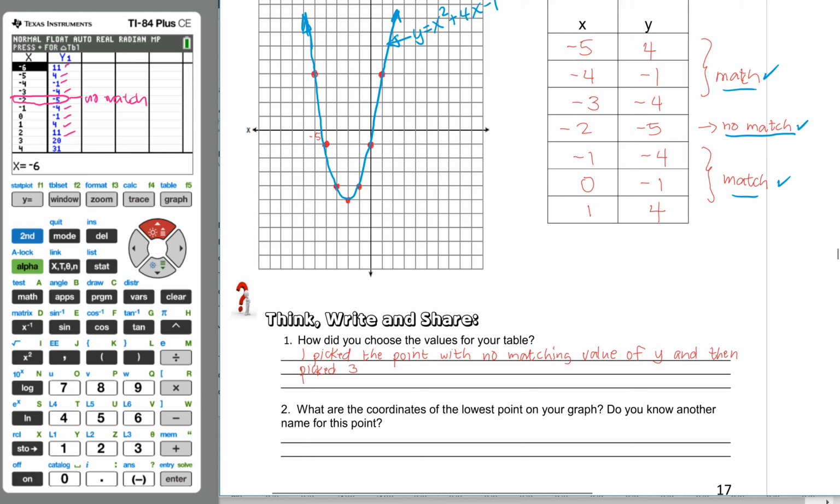I picked 3 more points that have matching values of y.